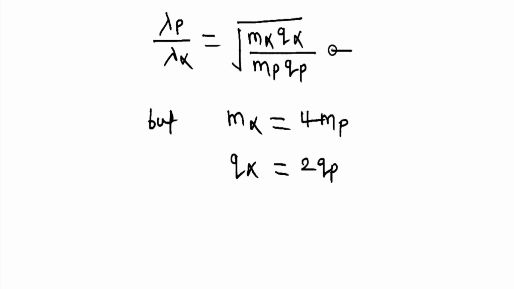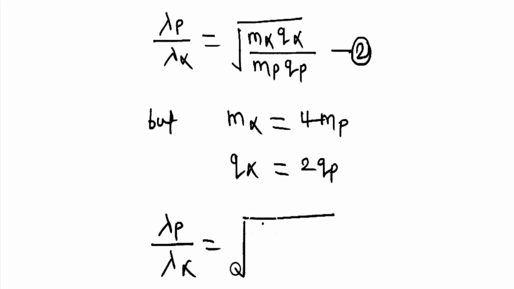Putting these values in equation number 2, we get the ratio equals root of 4 into 2, that is 8, mass of proton into charge on proton divided by mass of proton into charge on proton.